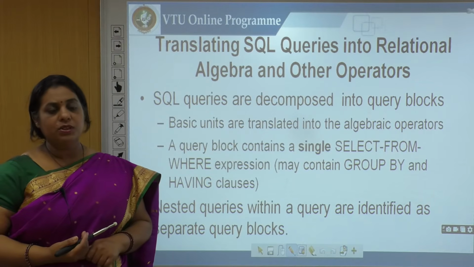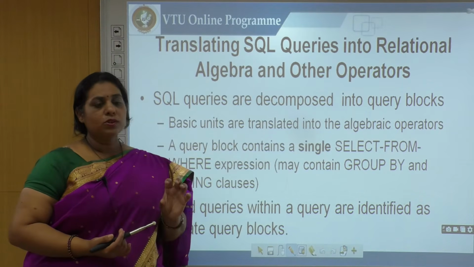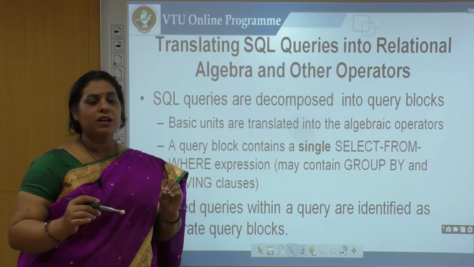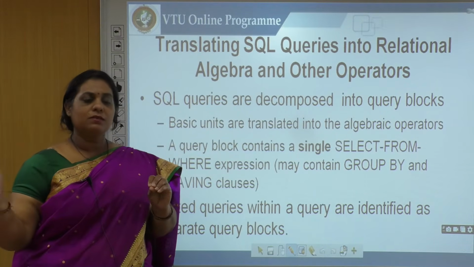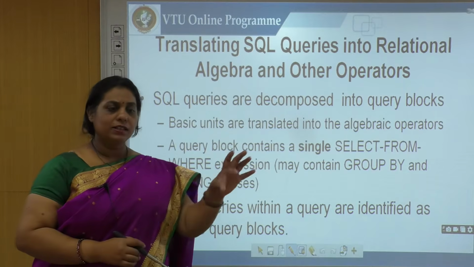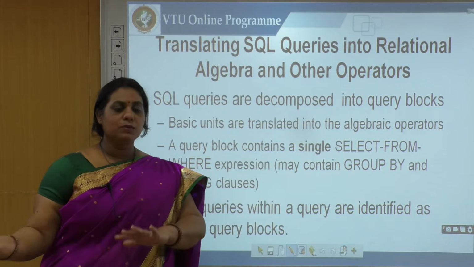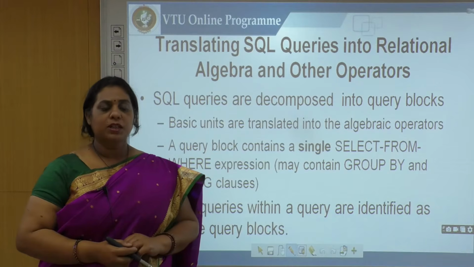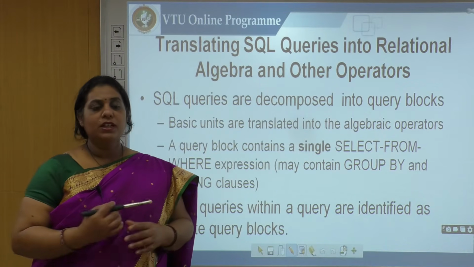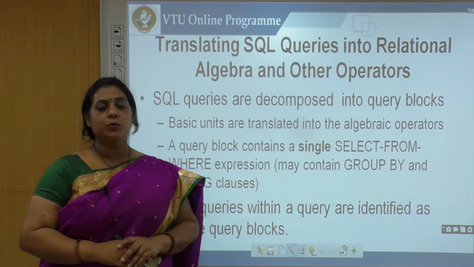In the previous example, we learned that we wanted the list of employees whose salary was controlled by department 5's max salary, because I don't want everybody from the employee table. I wanted the list of only those employees who were getting more salary than the maximum salary given in department 5, right? So when I am working with that one, it was a nested query. One query was within another query.